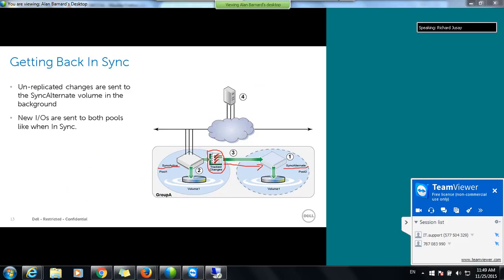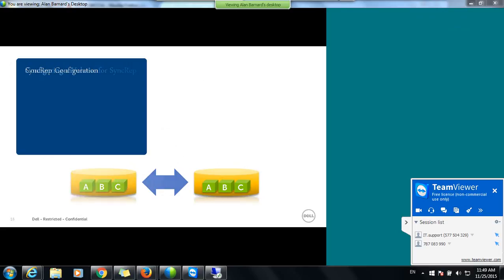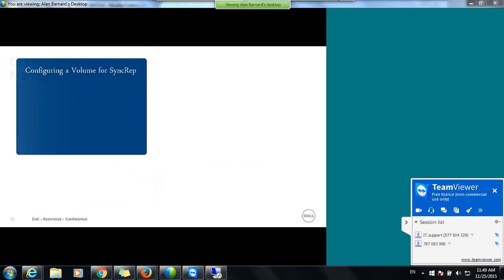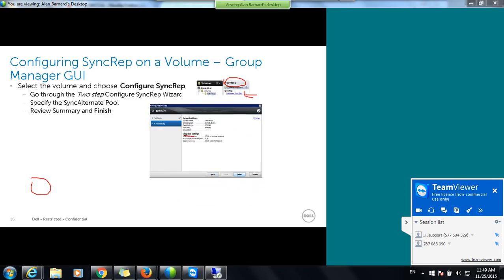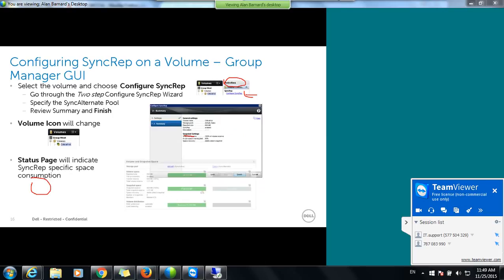Here, right? Sync active is where the volume is actually located. So this is where you need your 5% snapshot reserve. So when you create your sync rep volume, it's not going to ask you for snapshot reserve anymore.